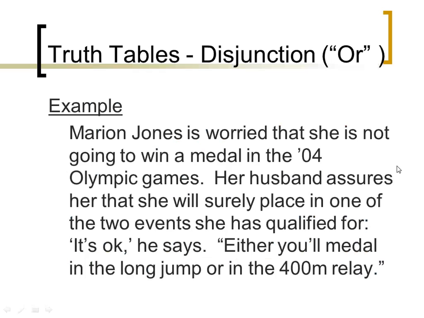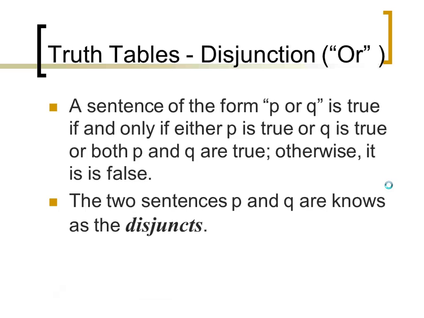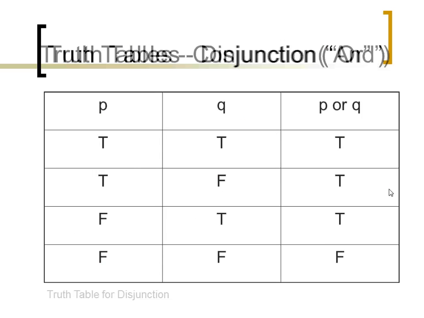Either you'll medal in the long jump or in the 400-meter relay. Fine? So let's look at the truth table for this, bearing in mind that she will either medal in one or the other. That means you must have two conditions, two things in which one of them can end up to be positive, right?